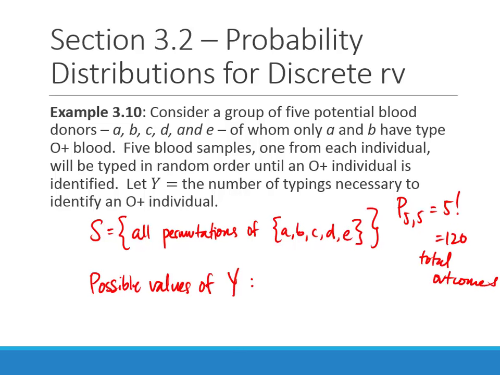So the first person could definitely be O positive, of course. The second one could. The third one could. The fourth one could. But again, I have two people that have O positive blood. So when I get to the fourth one, if the fourth person is my first one that has O positive blood, then I can only have 4. So possible values are 1, 2, 3, and 4.